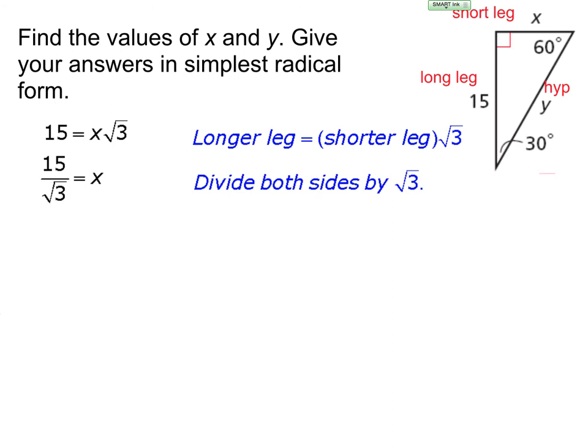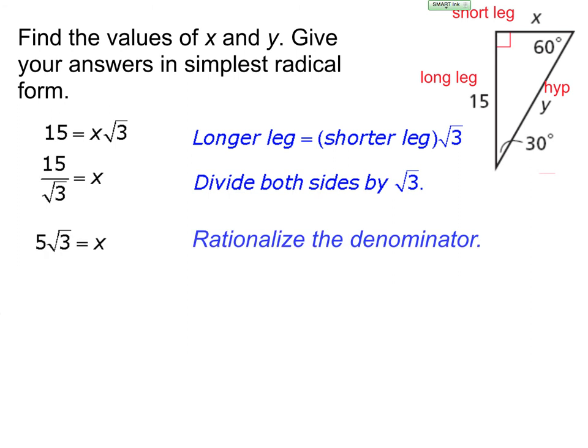Multiply by square root of 3, top and bottom. Getting the 15 and the 3 to cancel. So we get down to 5 times the square root of 3.